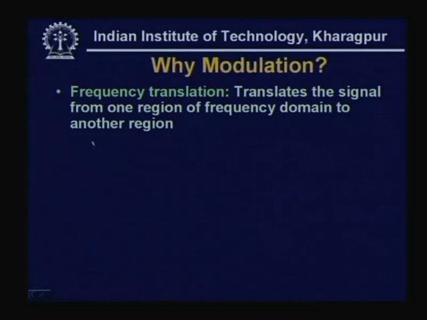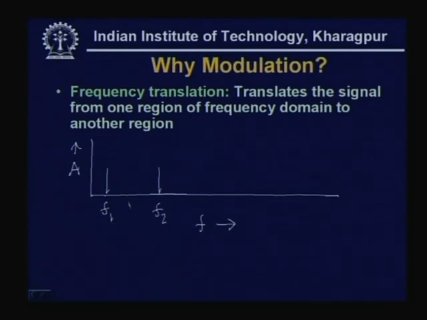It is like this. Suppose this is the representation of the signal in the frequency domain. Here you have got your f, and obviously you have got the amplitude. Now, suppose you have a signal with frequency range, say f1 and f2. So, this is the range of frequency, and you have frequency components from f1 to f2.